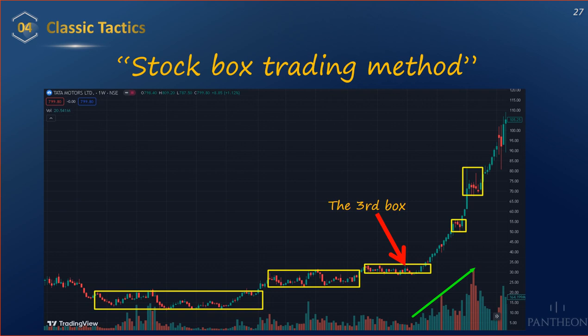We generally intervene with a small position size every 2 boxes. So the breakthrough of each subsequent box is an opportunity to add positions. Of course, this is not an endless process of adding positions. There must be rules to follow.